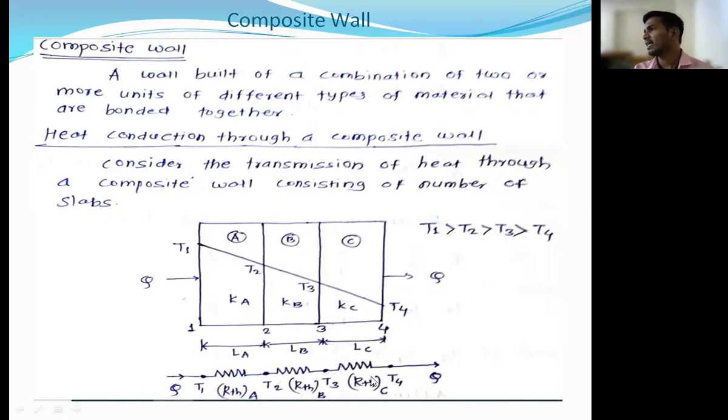Okay, and in the resistance form we have to draw the diagram also. Q amount of heat is transferred through this composite wall. What is the thermal resistance of slab A? That is R thermal A. What is the thermal resistance of slab B? That is R thermal B. And what is the thermal resistance of plate C? That is R thermal C. And the temperatures for slab A are T1, T2, for slab B, T2, T3, and for slab C, T3, T4.